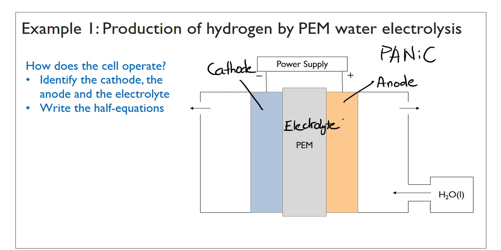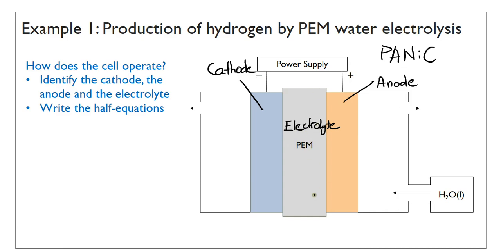Next step is to write the half equations. Now, if you remember from our previous videos, in order to write half equations for electrolysis and determine the products that can be formed, you need to look at the species present and then use the electrochemical series. You're not going to be able to consider the components of the electrolyte because it is a solid, and if they don't give you the chemical composition, it probably is an indication that you're not going to use it.